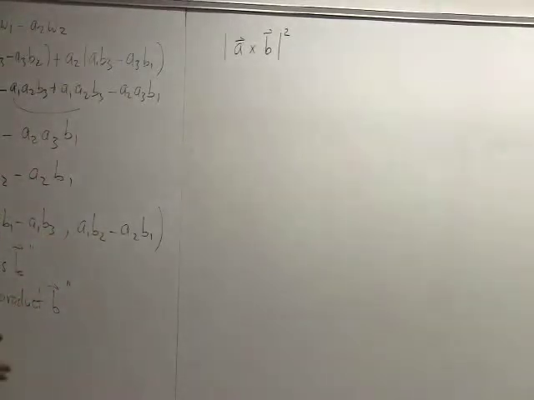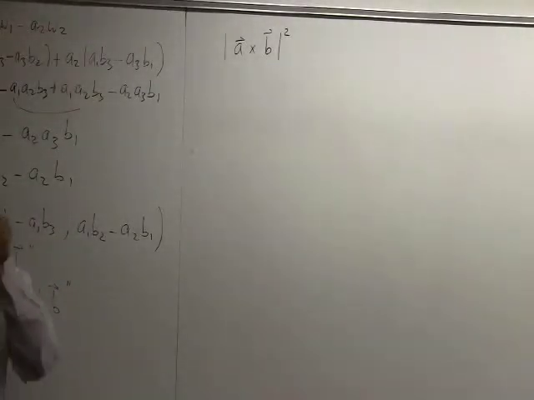There's no analog in higher or lower dimensions. The cross product is very special. It's only used for three-dimensional vectors. Okay? This is very strange. This is why we have to live in 3-space. It's the only place you can do the cross product. Okay.